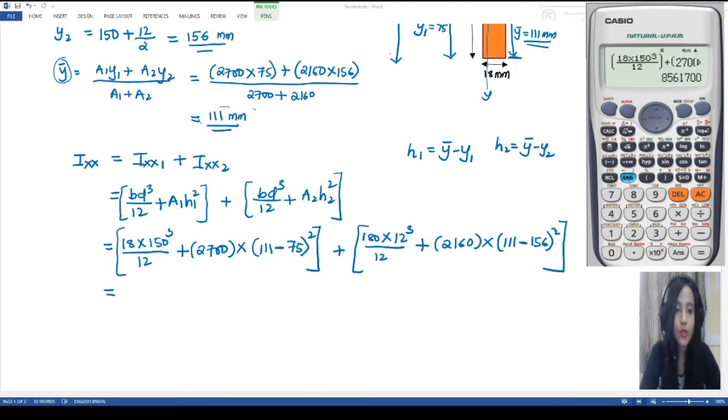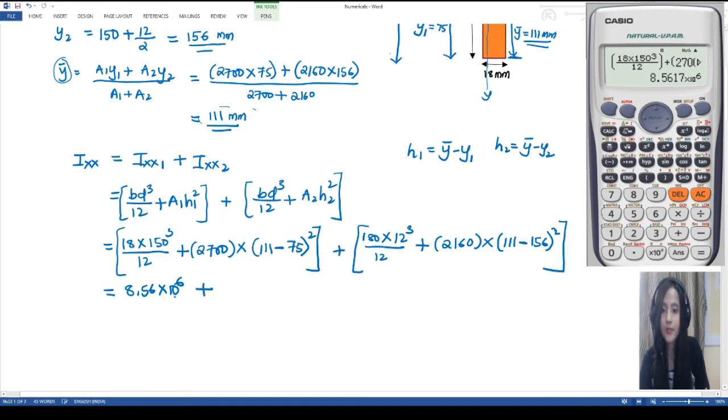So this is coming equal to 8.56 into 10 raised to power 6. This is my Ixx1.